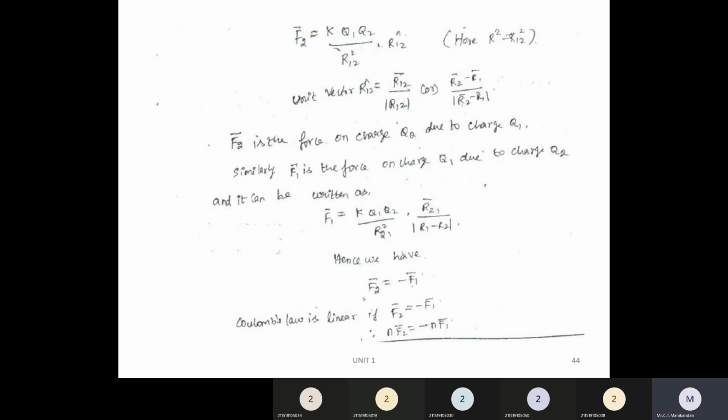Always we have that force F2 equals minus F1. The force on one path from 1 to 2 is always reverse to that from 2 to 1.